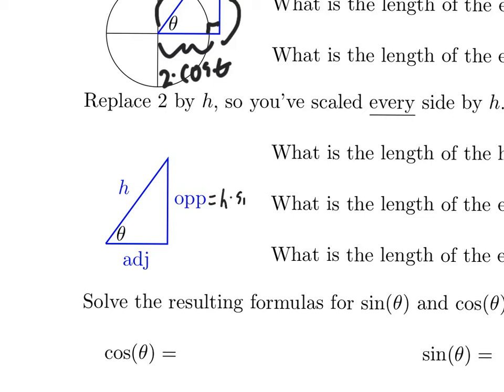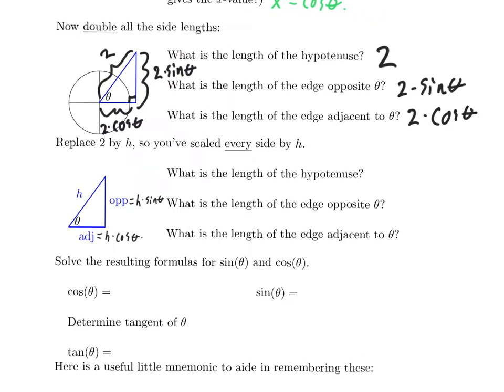It's h times the sine of theta. The adjacent side is now h times the cosine of theta. Filling all these in: what's the length of the hypotenuse? It's h. What's the length of the side opposite theta? It's h times the sine of theta. What's the length of the edge adjacent to theta? h times the cosine of theta.